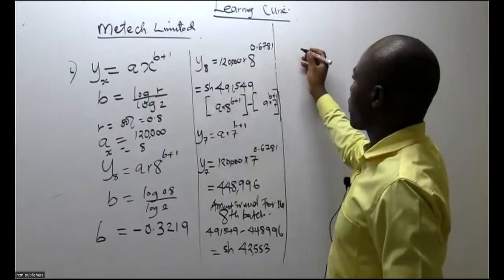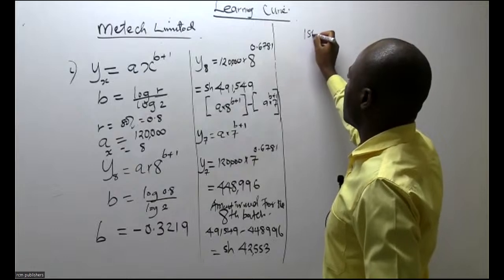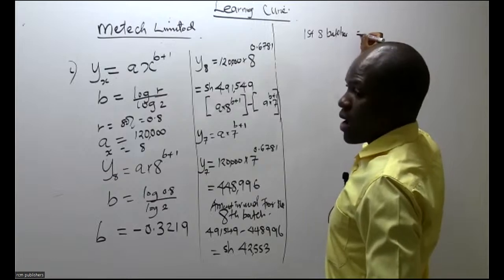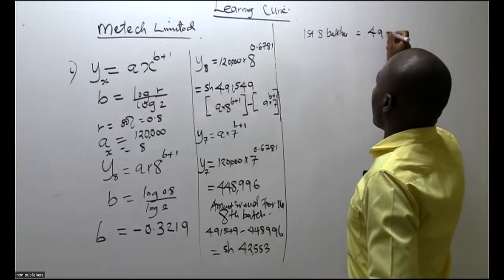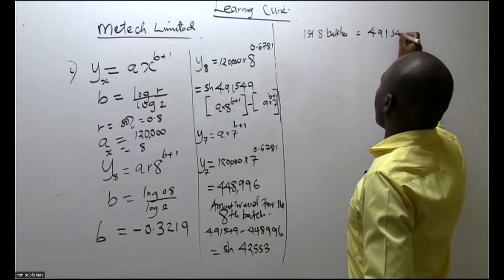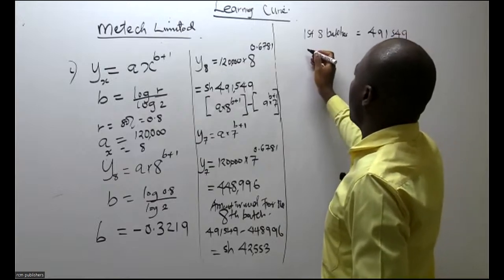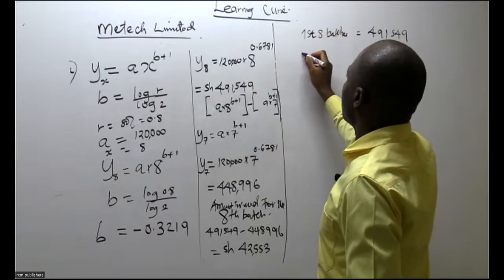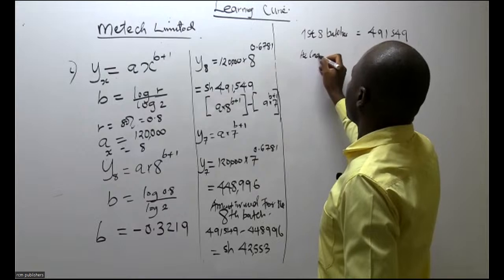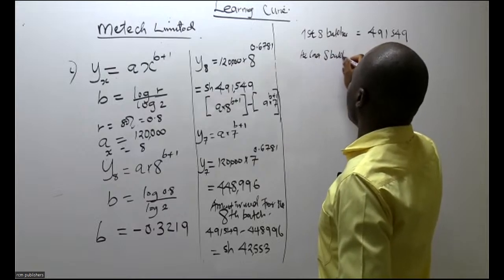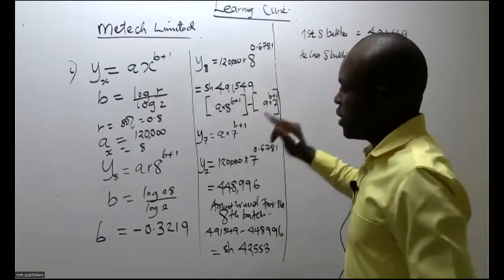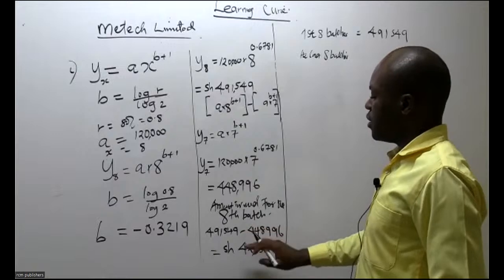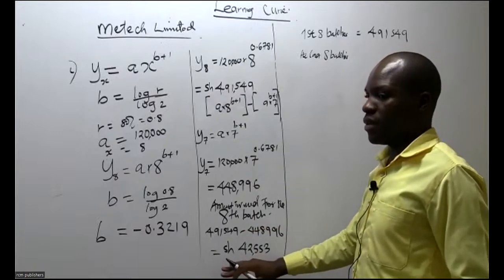The first 8 batches, they incurred 491,549. Then the last 8 batches, we are told the labor cost per batch is equivalent to that of producing the 8th batch.